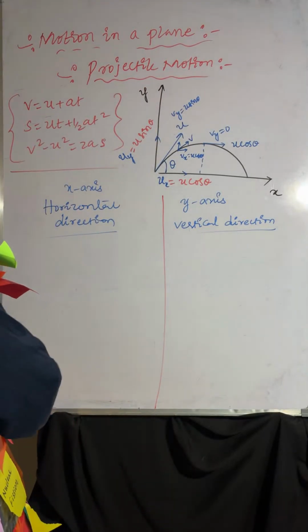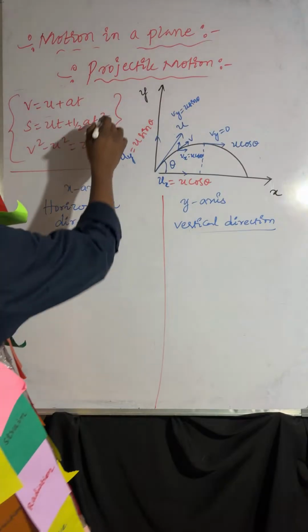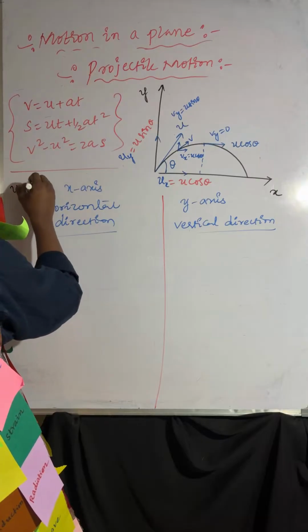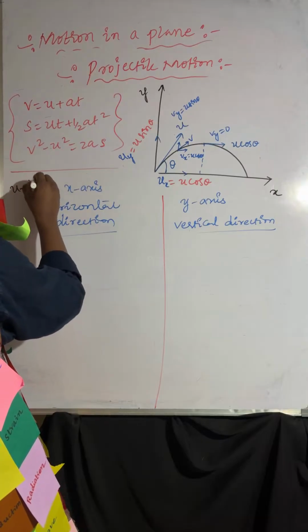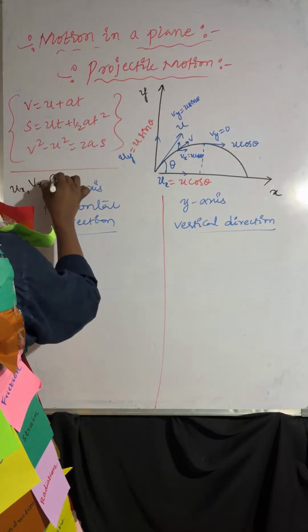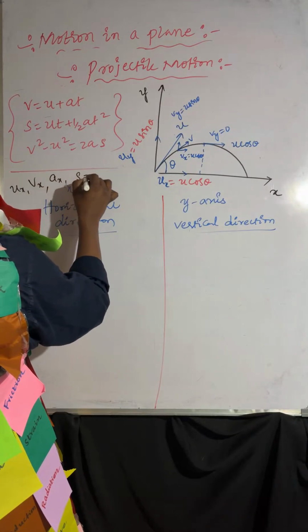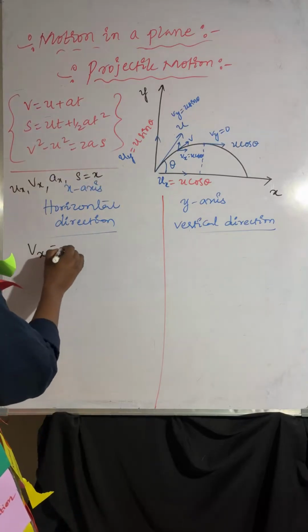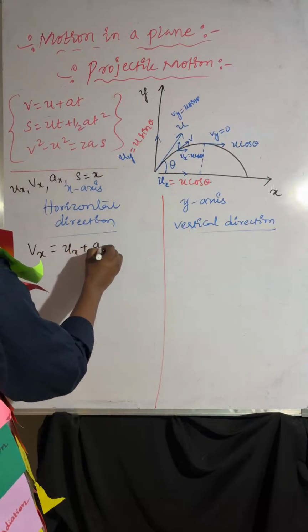Alright, now you can observe these components along the x-axis: ux, vx, ax and s equals x. Like that you can take vx equals ux plus ax into t.